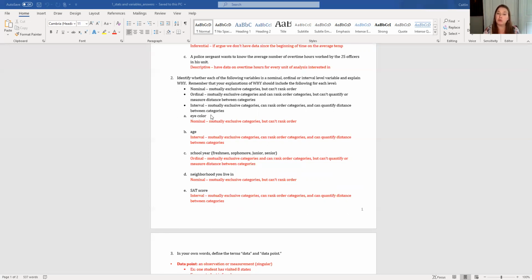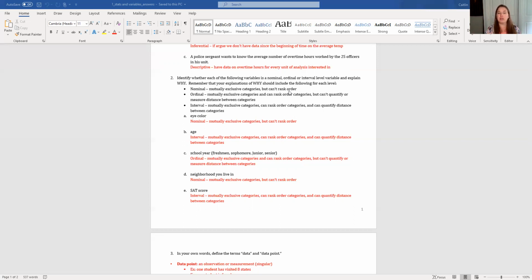Okay, so first one, eye color. Is that nominal, ordinal, or interval? We have to ask ourselves first, is it mutually exclusive categories? Yes. Either you have blue eyes or green eyes. I mean, sure, people have different colored eyes, but don't overthink this. So they're mutually exclusive categories. And then the next thing to ask yourself, can you rank order those categories in some logical order?